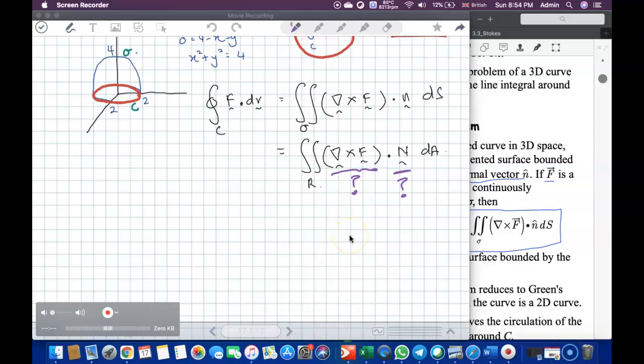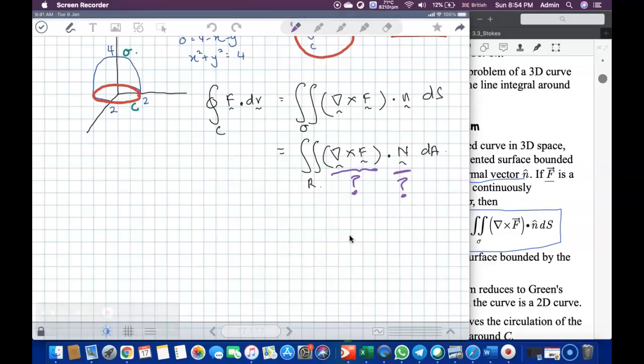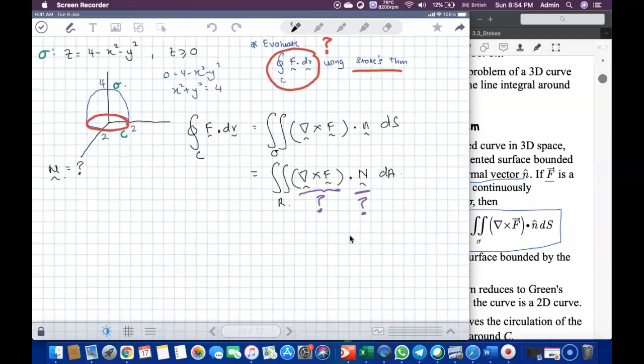Okay, so now how can we get n? Back to our steps to get the normal vector, you have to have the equation. To obtain n, we have to look at the information about the surface that we have. z is given by 4 minus x squared minus y squared.